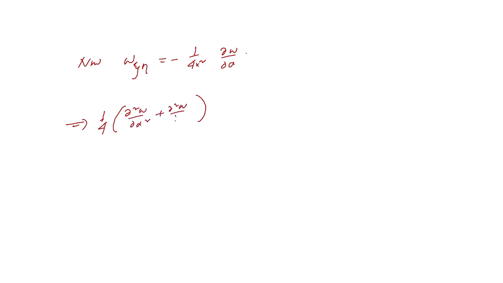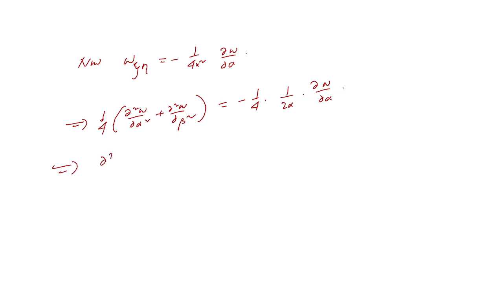So now ω_ξη will be -1/(4x²) ∂ω/∂α. That means 1/4 (∂²ω/∂α² + ∂²ω/∂β²) = -1/(4·2α) ∂ω/∂α.